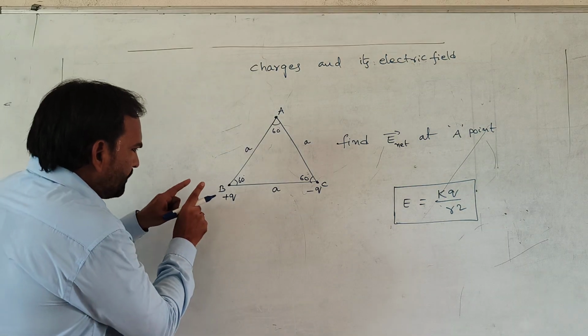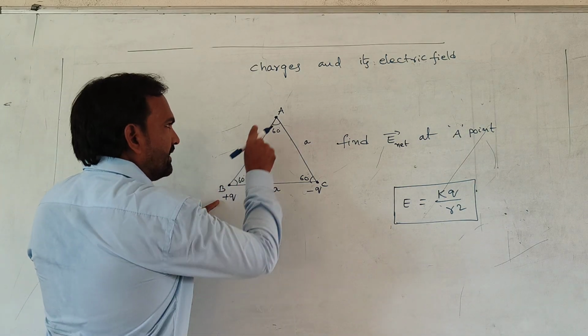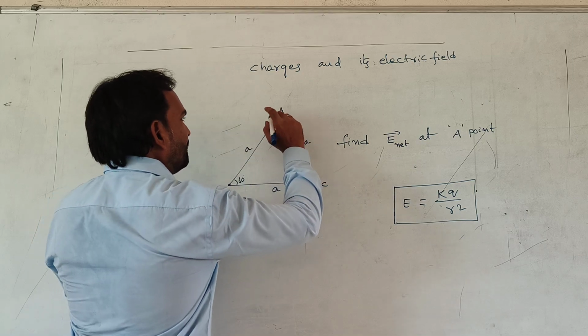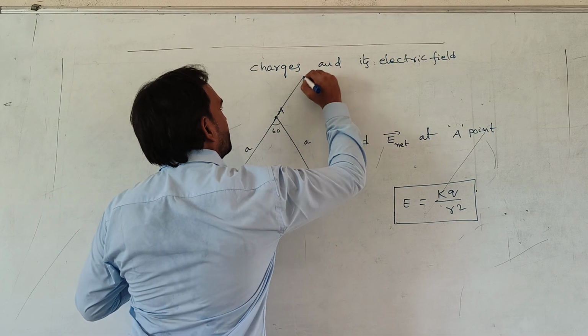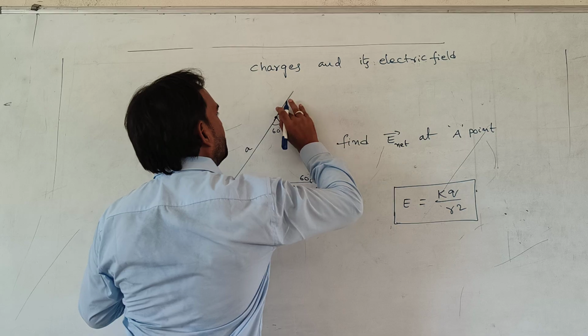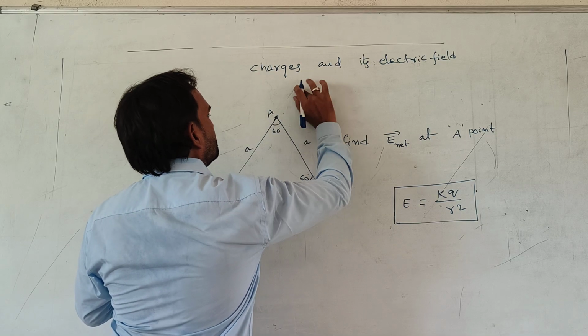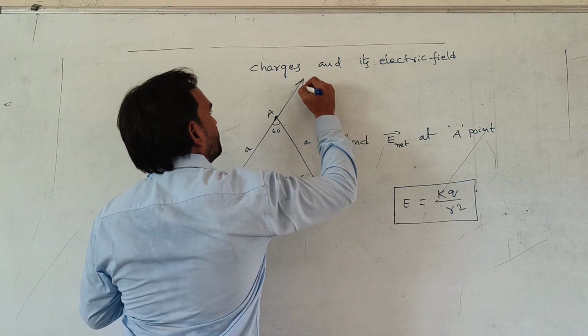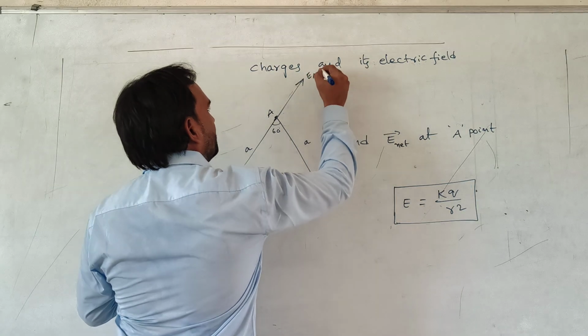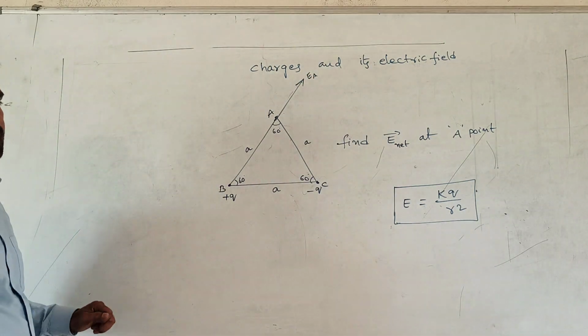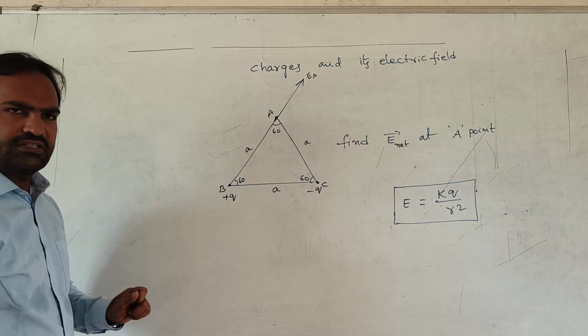So due to this plus Q charge, the electric field intensity at point A is radially outward. Electric field EA due to this plus Q charge.